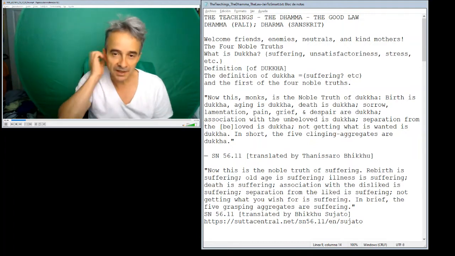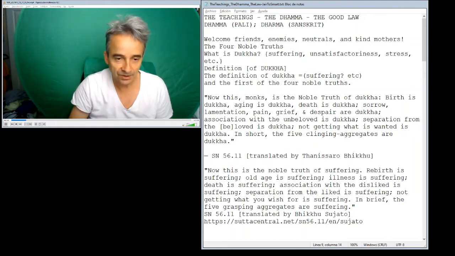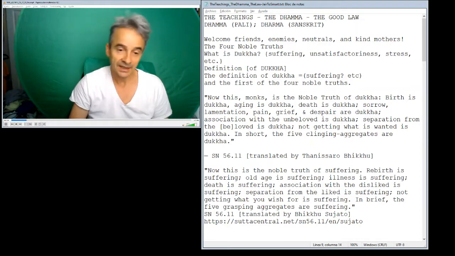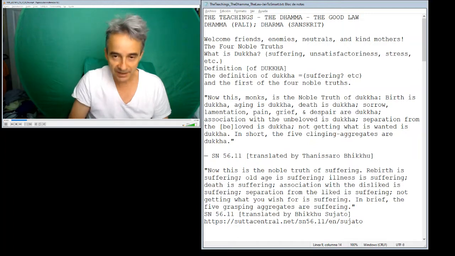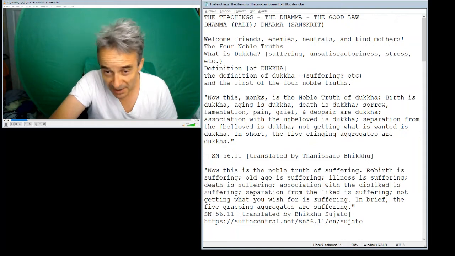So when you come to the four noble truths, you come to a word that sometimes is left untranslated and sometimes it's translated. And when it's translated, it's oftentimes translated as the word suffering, and rarely unsatisfactoriness or stress.